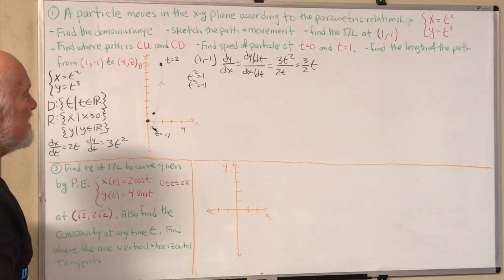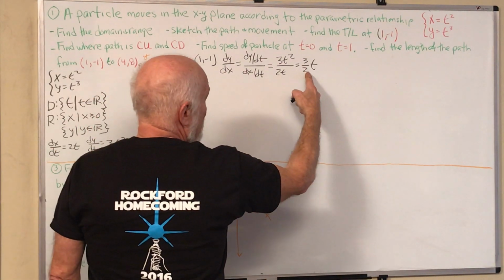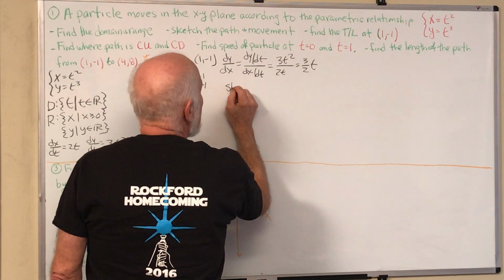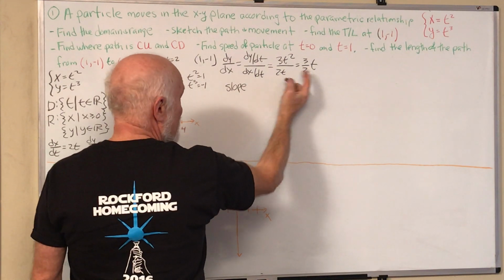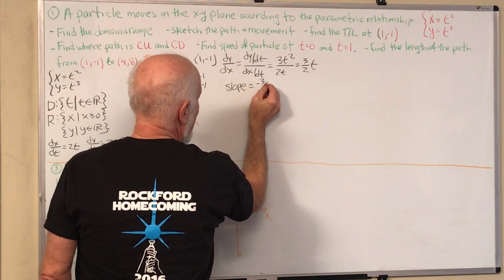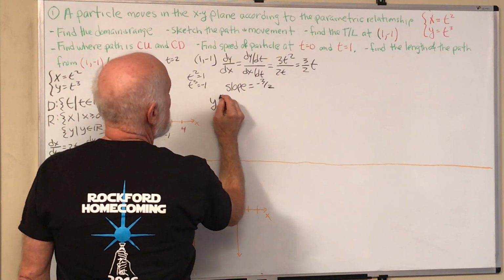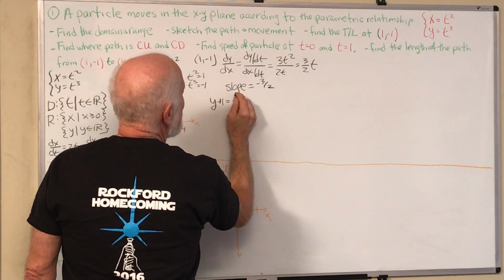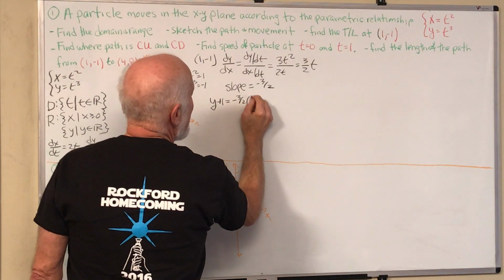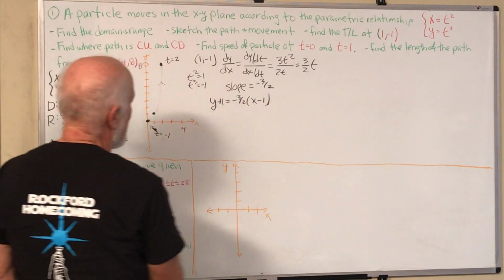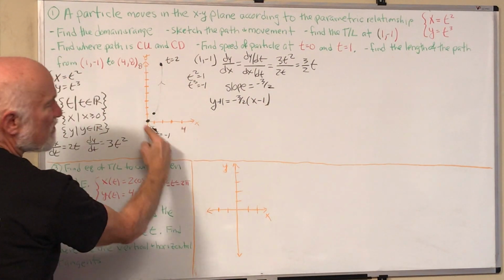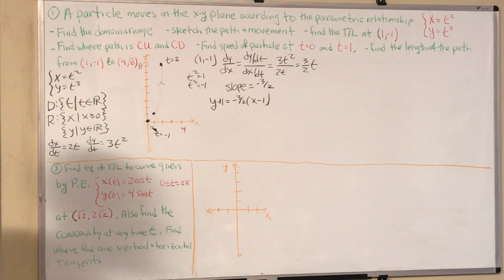Solve those simultaneously, and you get t must be -1. So if I plug that in here, I get the slope is 3/2 times -1, or -3/2. So my tangent line would be y plus 1 equals -3/2 times (x minus 1). And does it make sense that you could have a slope of -3/2 at that point? And I think you see that it does.